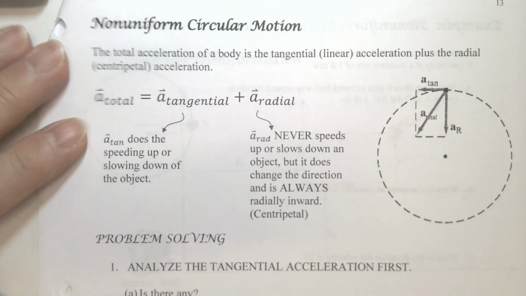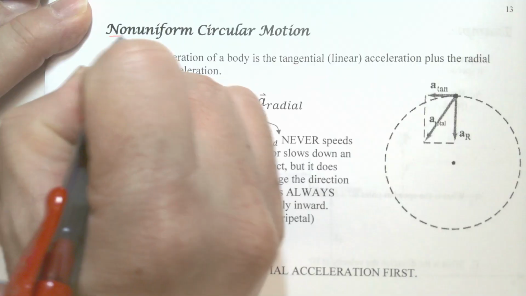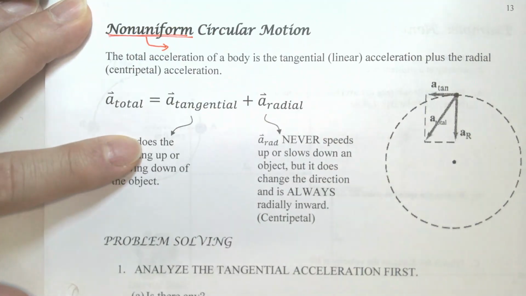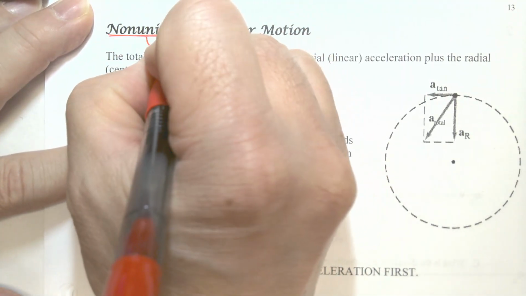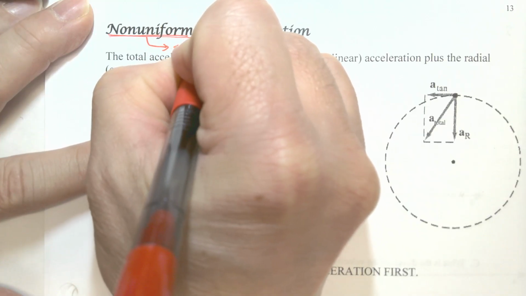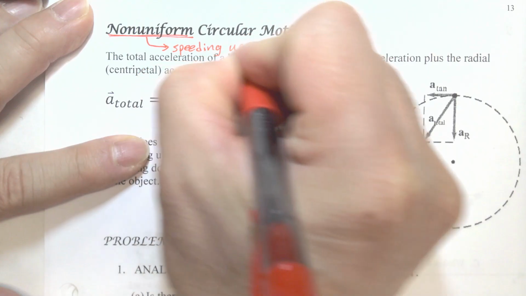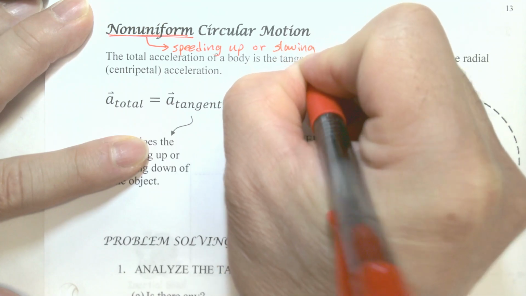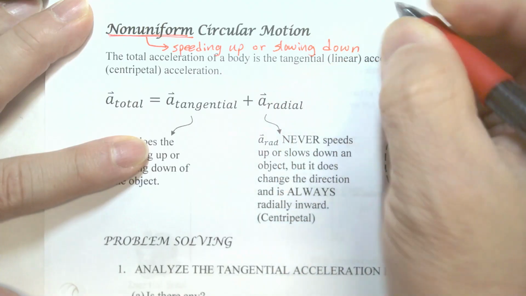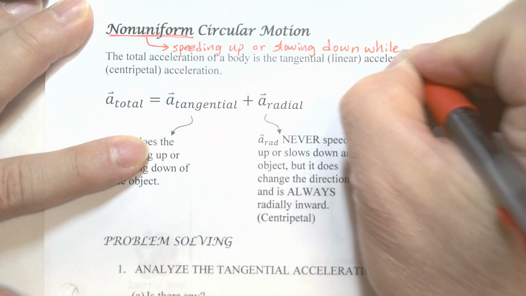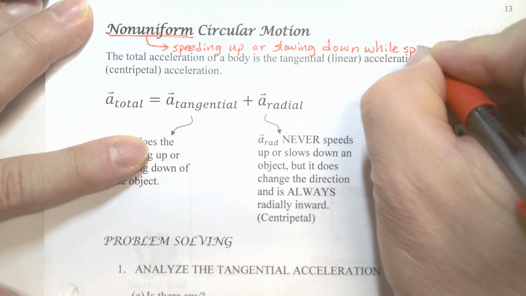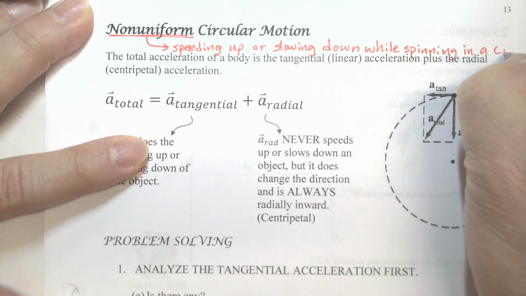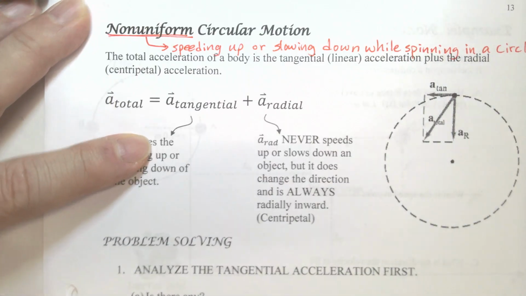Well, if we have non-uniform circular motion, that means as it's going in a circular motion, it could be speeding up or slowing down. Okay?